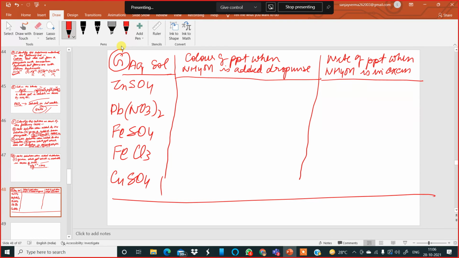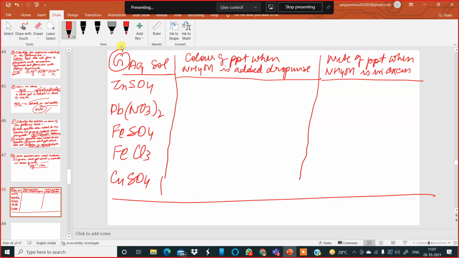I hope all of you are doing it. I think all of you have finished the first one, zinc sulfate. What do you get upon adding ammonium hydroxide dropwise to zinc sulfate solution? What is the color of the precipitate?